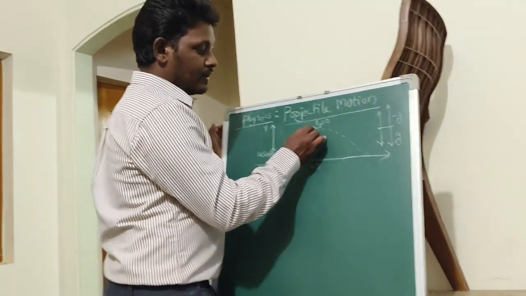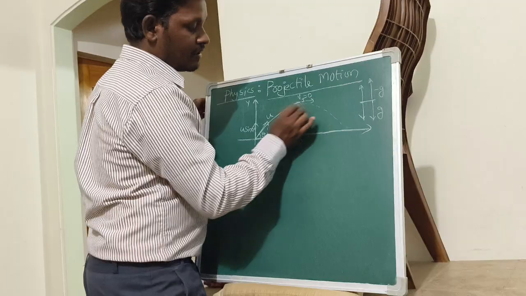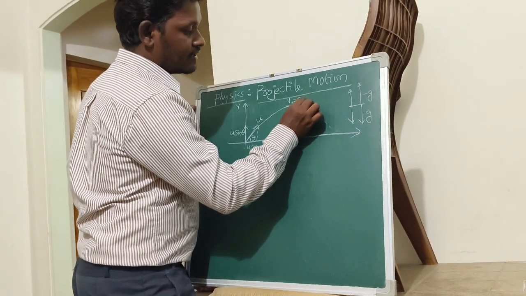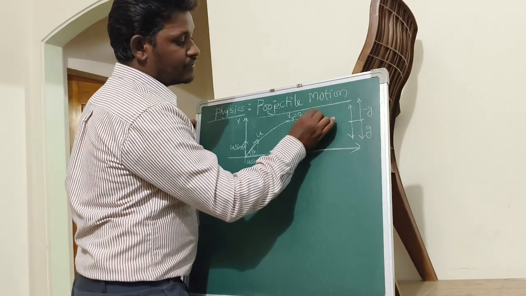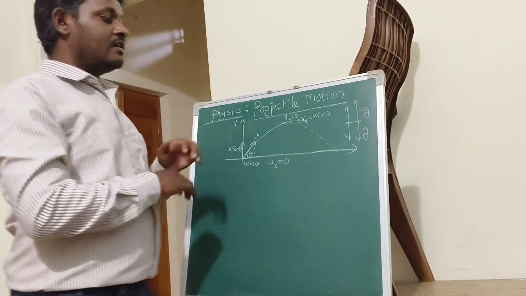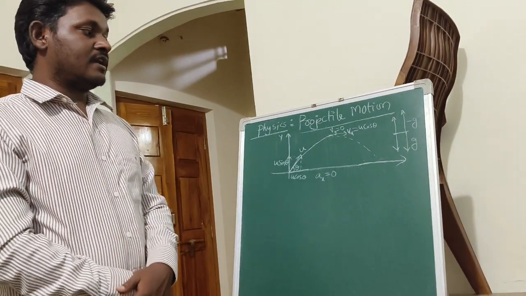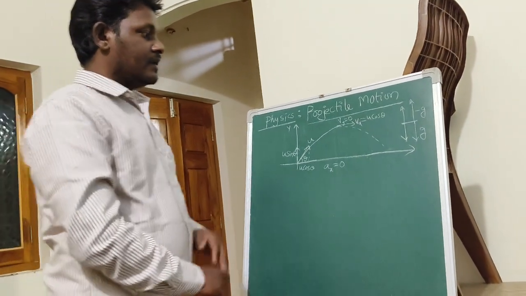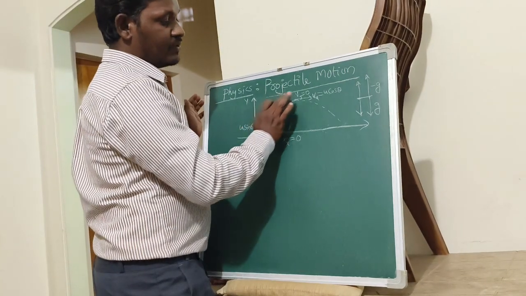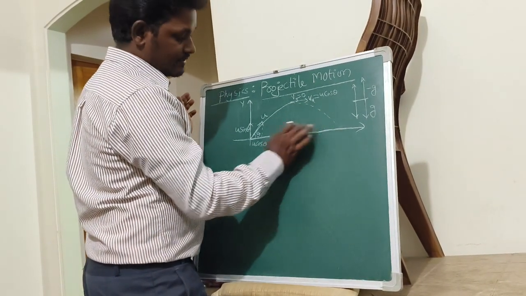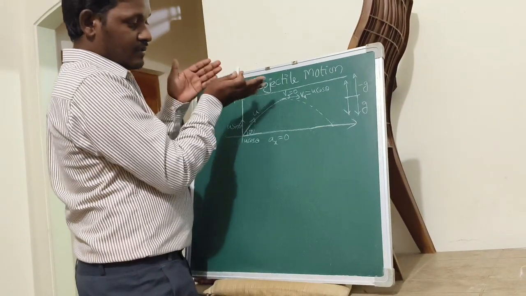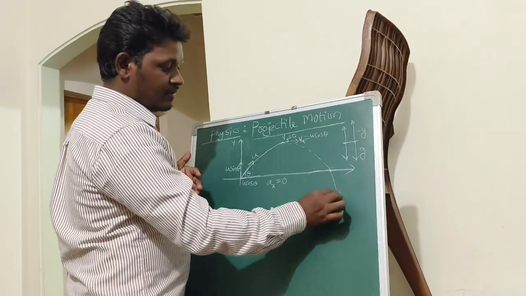Here only the horizontal velocity acts, Vx equal to u cos theta, because the horizontal velocity component does not change, right? After that the vertical component of velocity only changes and it reaches the same level of the ground, and if it is projected from a certain height, it will come down like this.